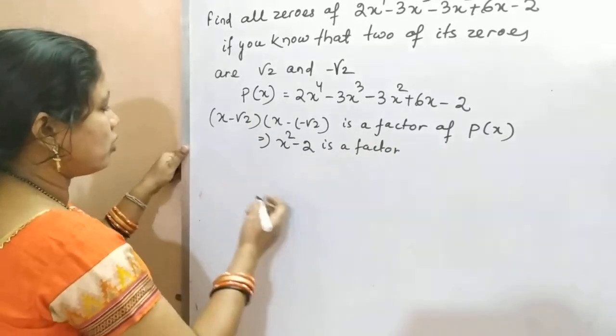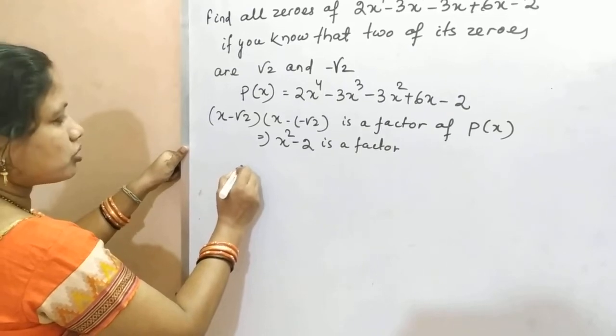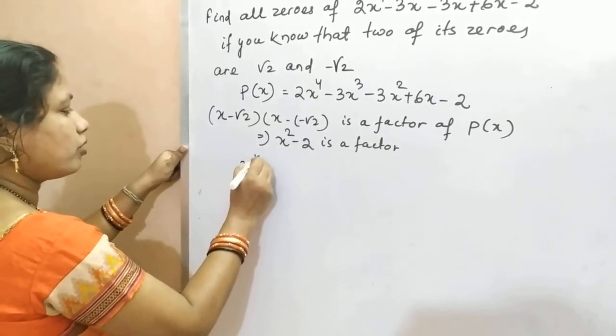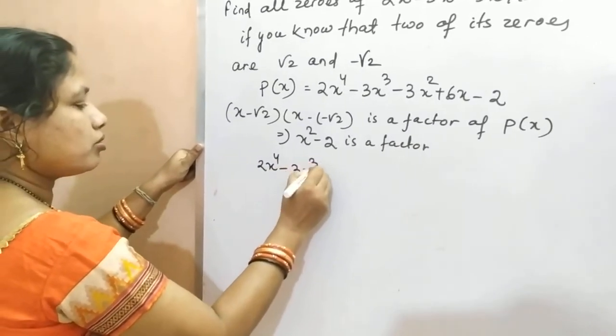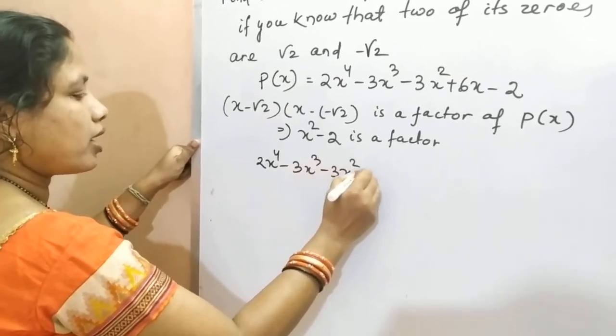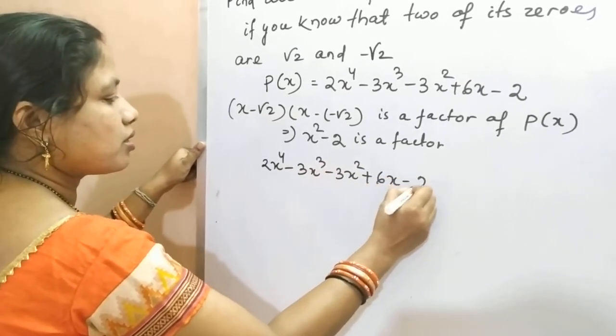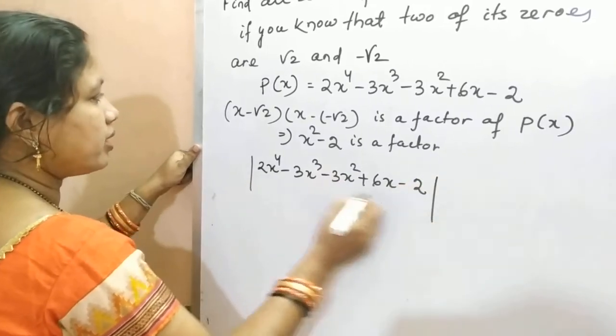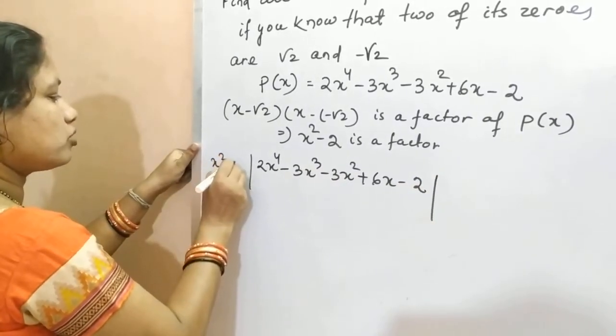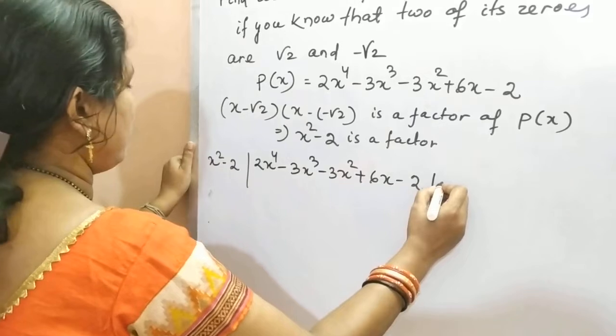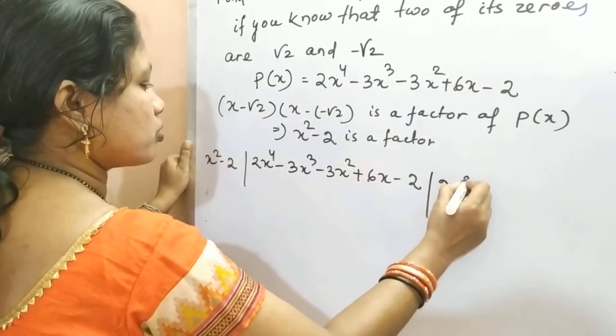So let us find the other factor by division. So 2x to the power 4 minus 3x cube minus 3x square plus 6x minus 2 divided by x square minus 2. So here I have to put 2x square.